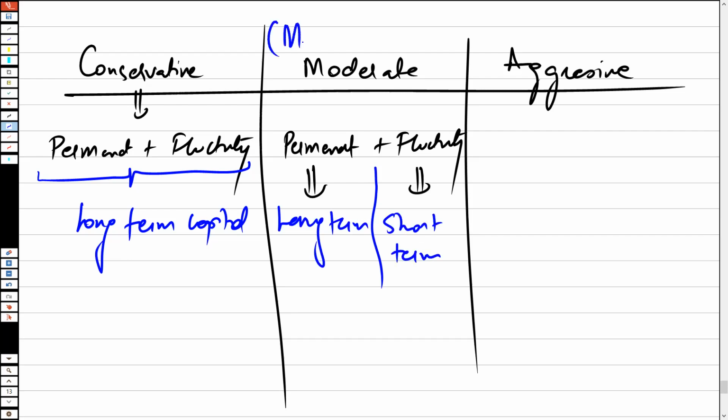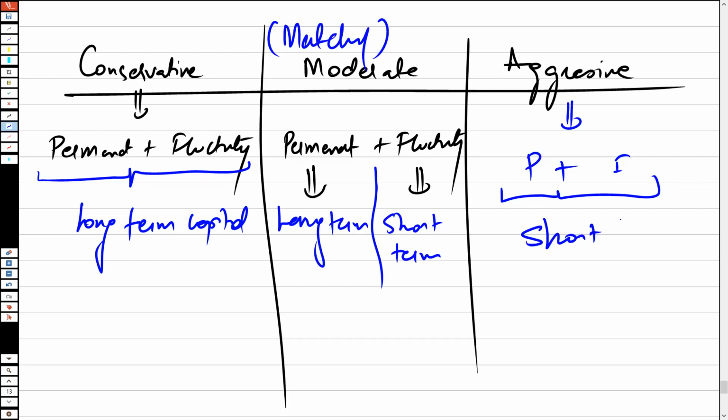This is also called the matching policy. And when you have got aggressive, both permanent plus fluctuating are funded by short term. So an organization could have all three different types of policy depending upon the risk appetite that it has.